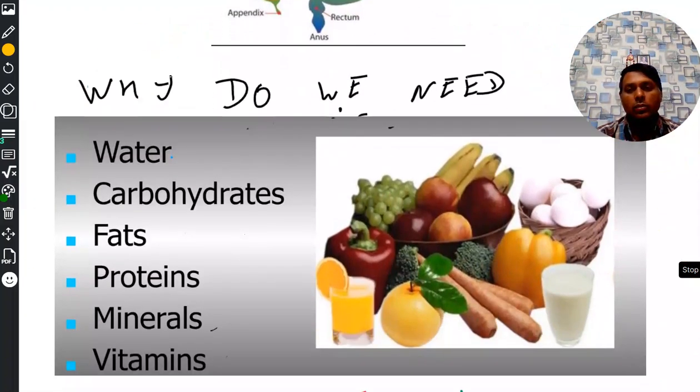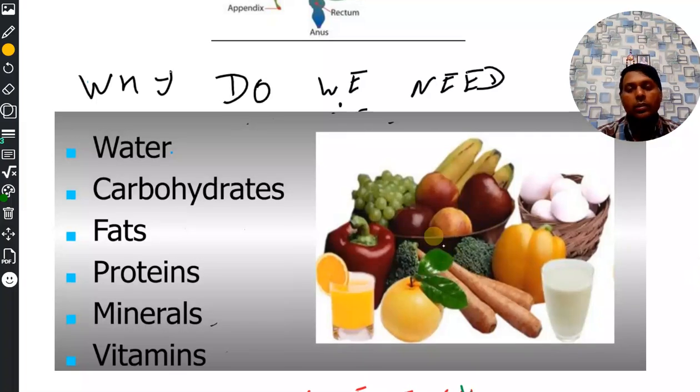Now you can see an image of some food items like bananas, mango, grapes, eggs. This helps us get nutrients. So the basic question arises here: why do we need nutrients, and what are those nutrients?